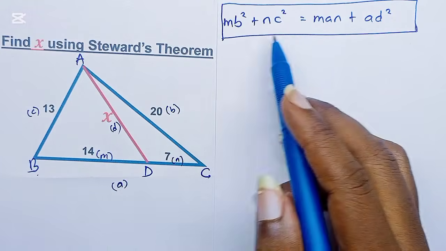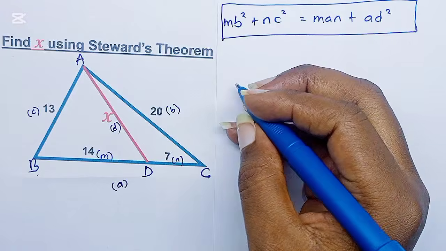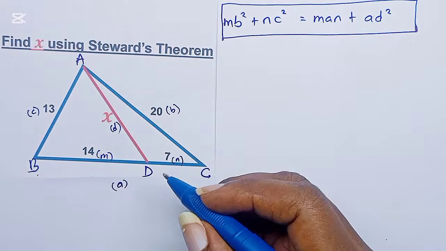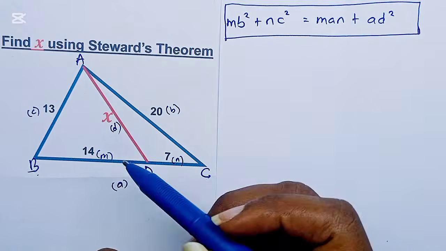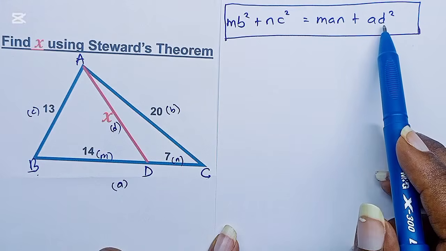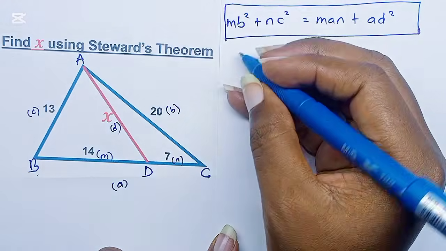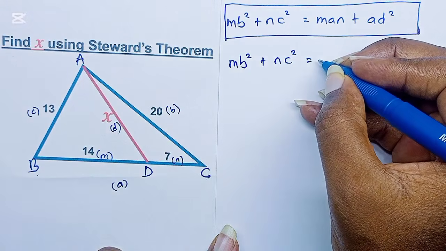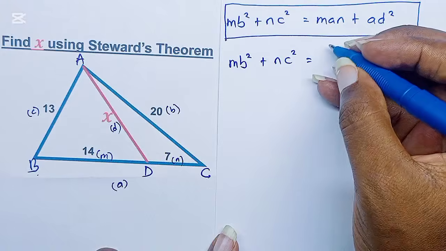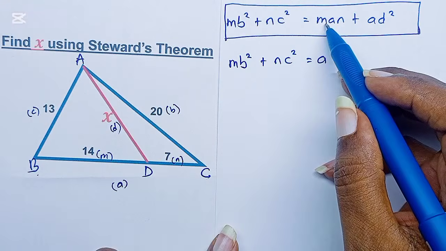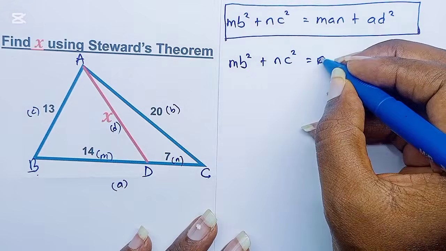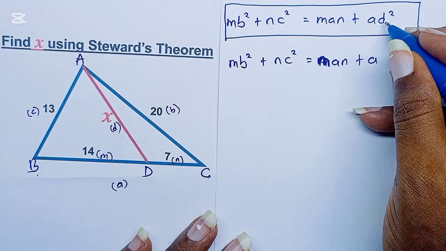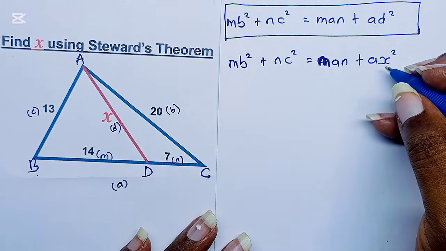So replacing in this formula here, before that, according to our diagram, instead of D, we are going to put X. So we shall have MB squared plus NC squared is equal to MAN plus A, here it will be X squared.